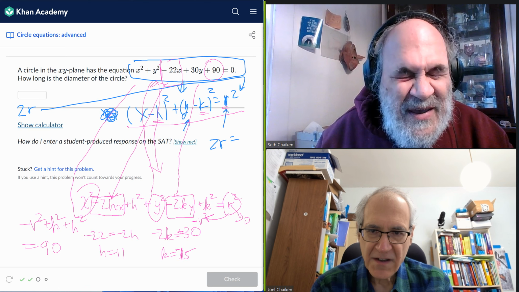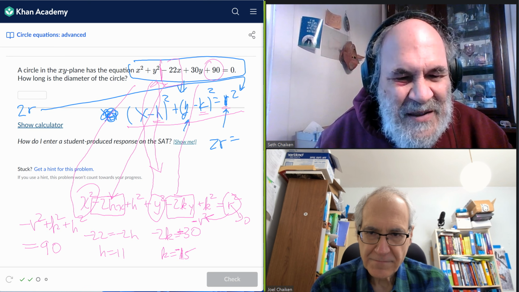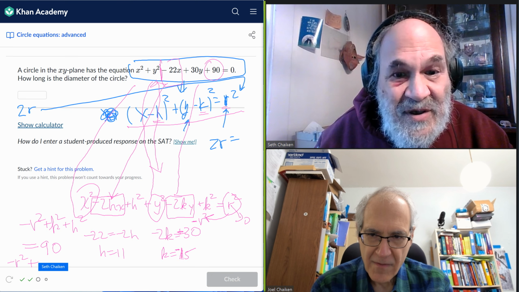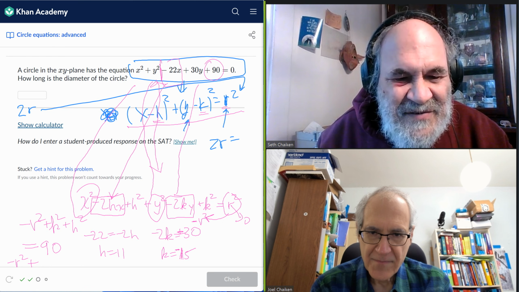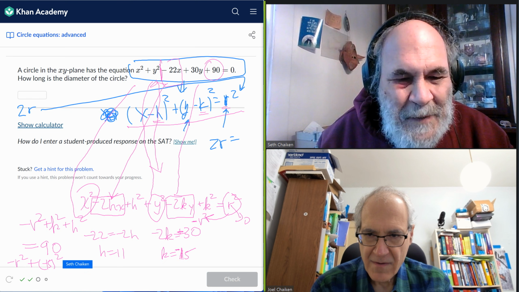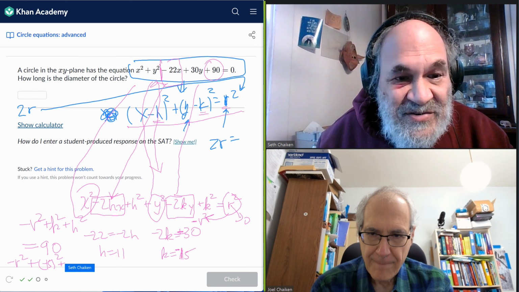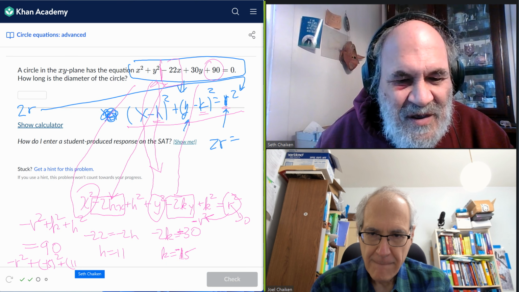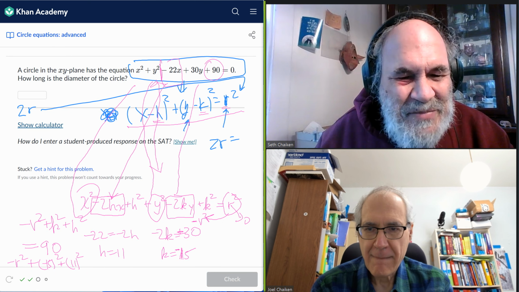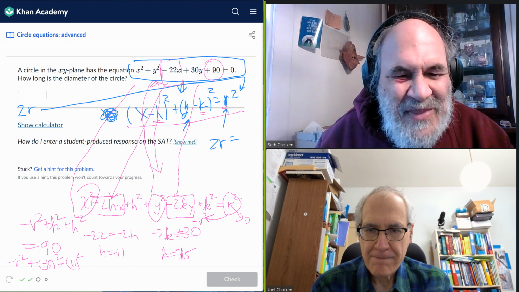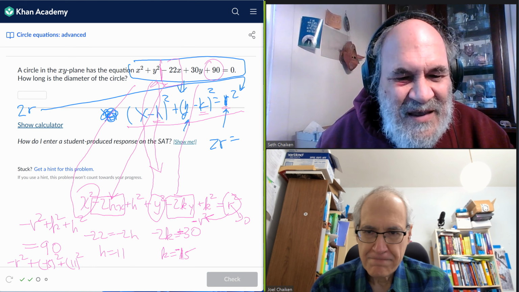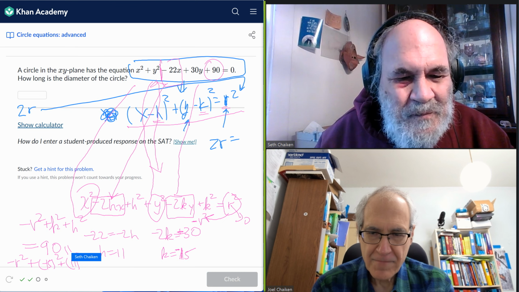So we plug this in. We get minus r squared. Now, k is negative 15, so we get minus 15 squared plus h is 11, plus 11 squared. Well, I want 90 should equal this.